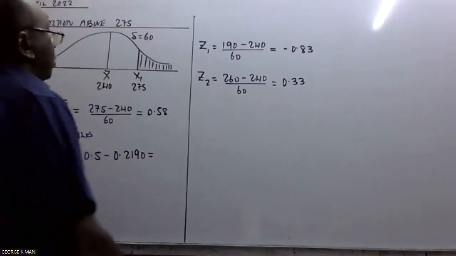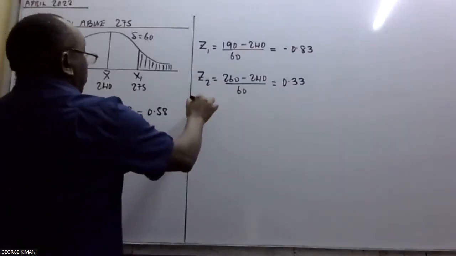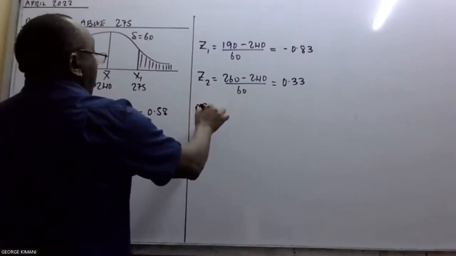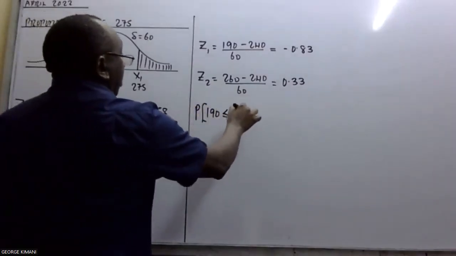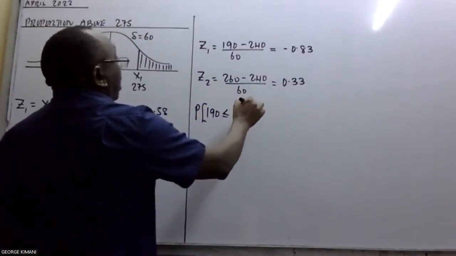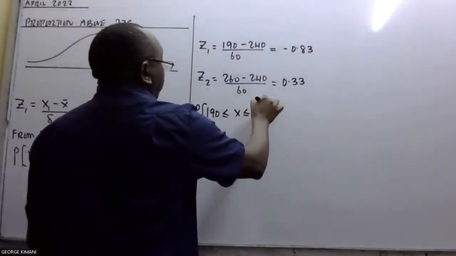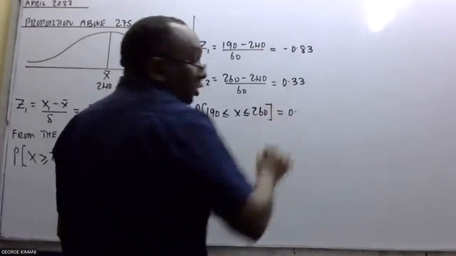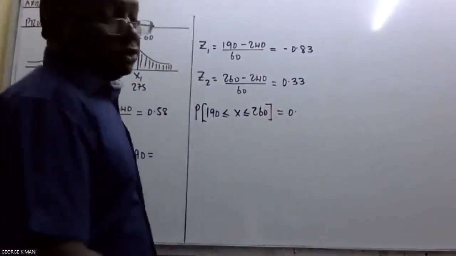Yes, 0.426. So the probability that we are between 190 and 260 is 0.426.